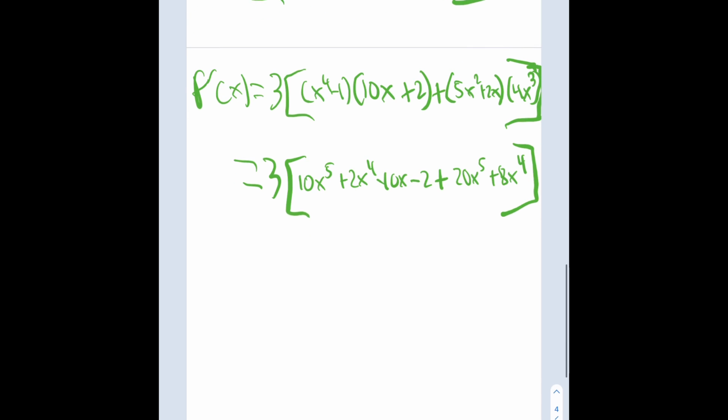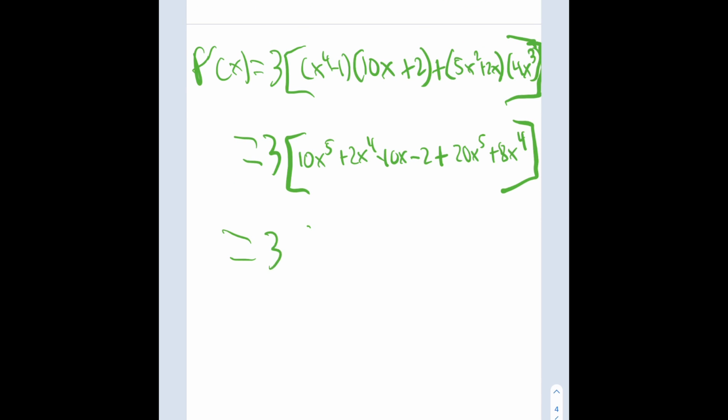Now let's see if we have anything in common. It sure looks like we do. 10x to the fifth plus 20x to the fifth is 30x to the fifth. 2x to the fourth plus 8x to the fourth is 10x to the fourth. And we are left with minus 10x minus 2.